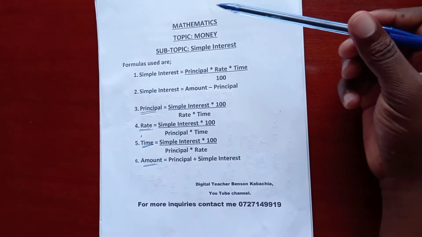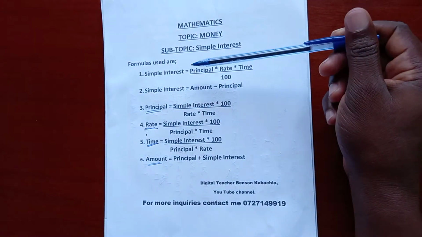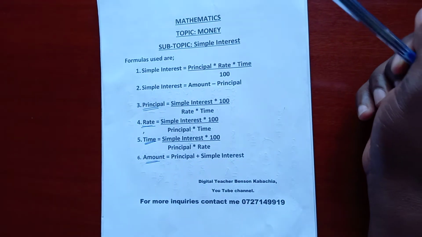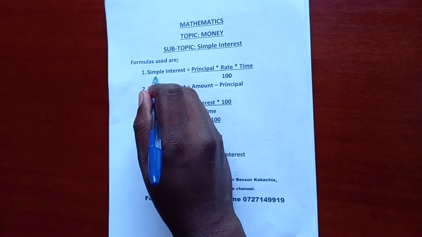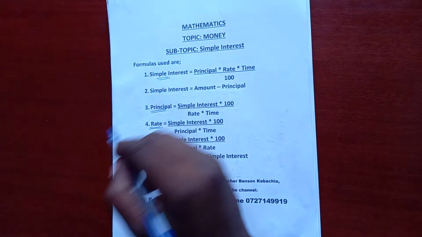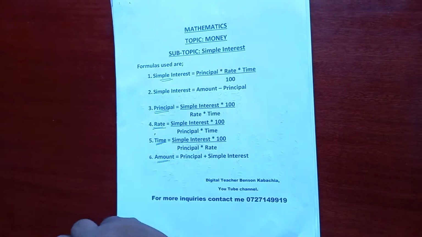So we are going to tackle 6 formulas that are used to calculate simple interest. First, when calculating simple interest, we use the principal, the rate, and the time.